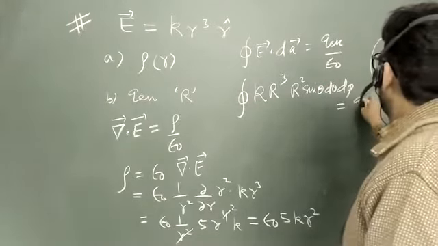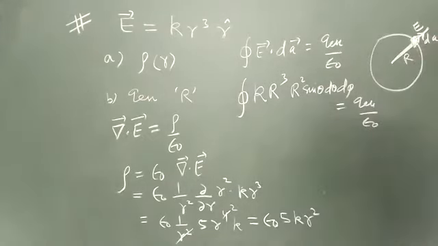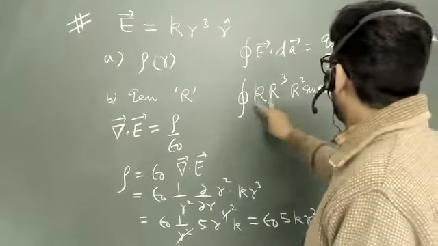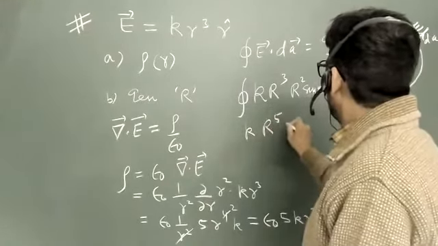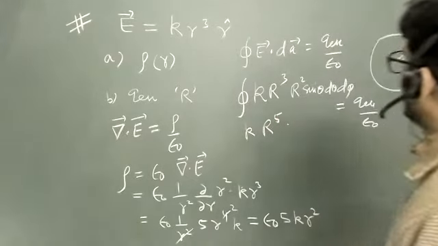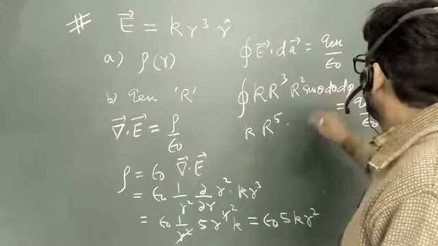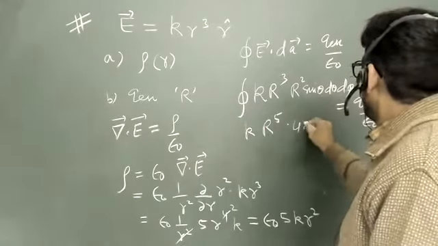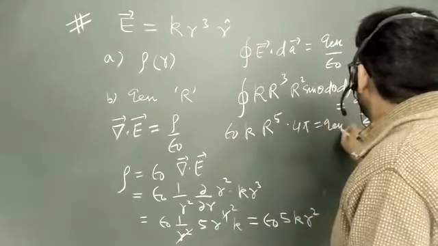And this will be equal to Q enclosed over epsilon naught. Am I correct? So this will become K R to the power 5 into, sine theta d theta d phi integrals, which give 2 pi and 2, so it will become 4 pi. So put epsilon naught here and this will become Q enclosed.